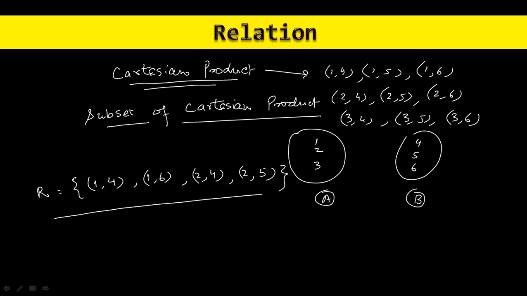Now, what is the meaning of this? It means I can write relation is equal to A cross B, or you can write about subsets only.